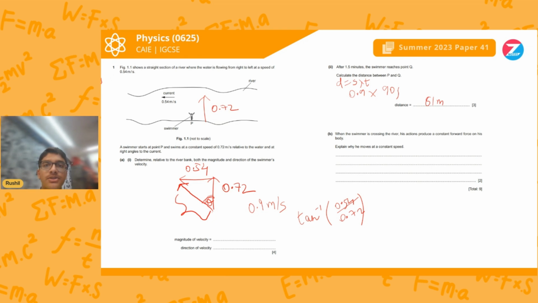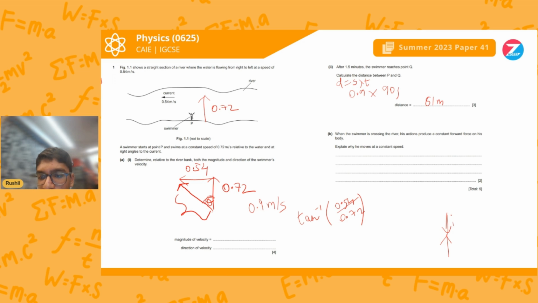Now the next question is, when the swimmer is crossing the river, his actions produce a constant forward force on his body. Explain why he moves at a constant speed. While the swimmer is putting a constant force forward on his body as he's swimming in the water, the river produces a resistive force or a drag force against the motion of the swimmer.